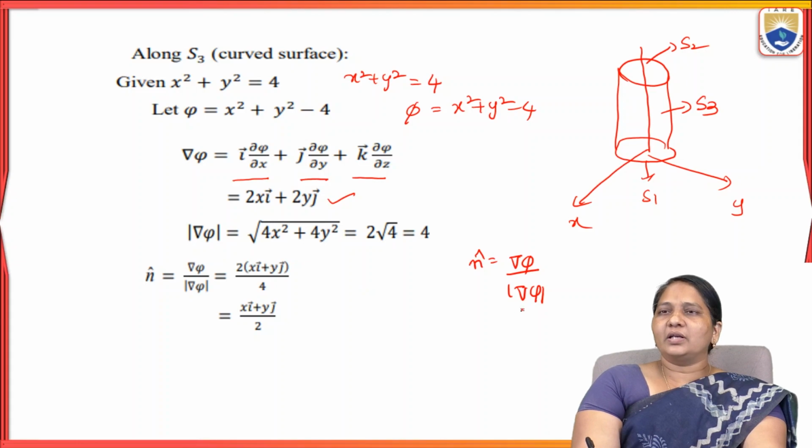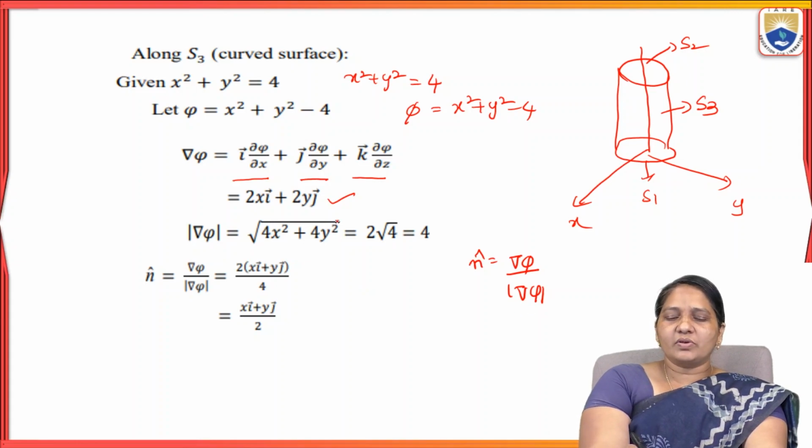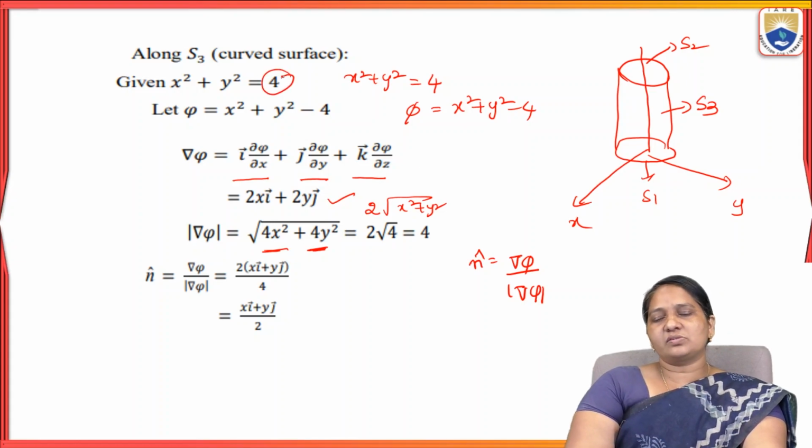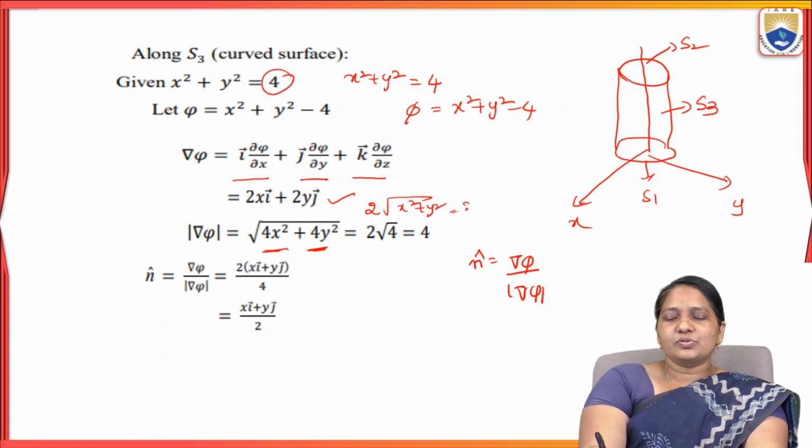Now we are calculating the modulus of del phi. Square root of 2x whole square, that is 4x square, plus 2y whole square, that is 4y square. Taking out 4, root 4 is 2, times square root of x square plus y square. Already we know x square plus y square is 4, so root 4 is 2, and 2 into 2 is 4. So the modulus of del phi is 4.